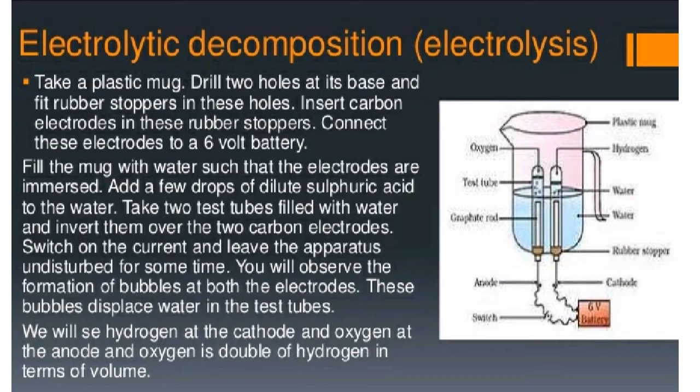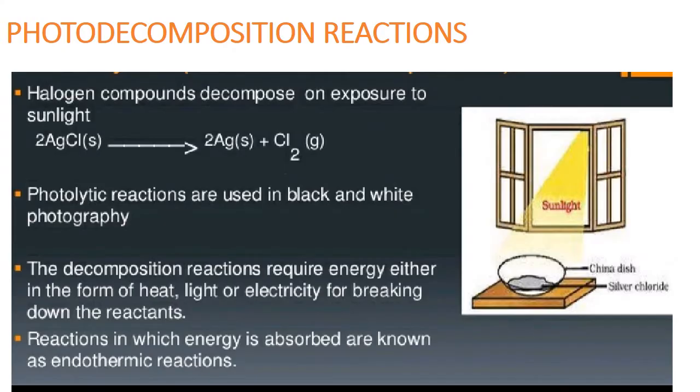After supplying the electric current, we'll observe that bubble formation will occur at the electrodes. This bubble formation occurs due to the decomposition of water, that is H2O, into two gases, that is H2 and O2. From this experiment, we can conclude that whenever we pass electricity through water, it gets decomposed into its constituent elements. This is an example of electrolytic decomposition of water.